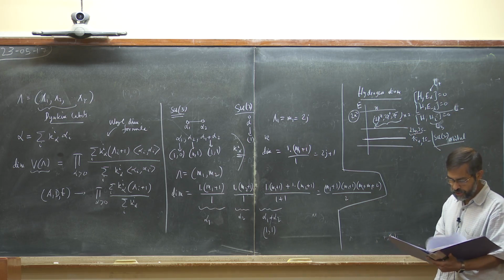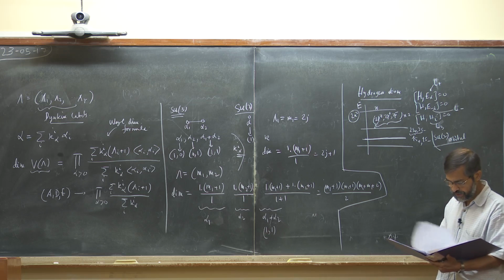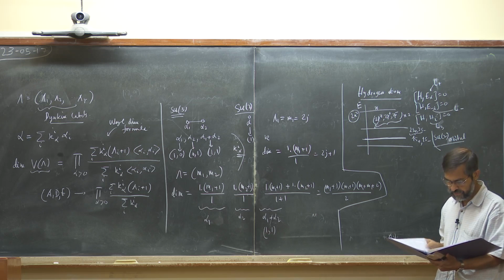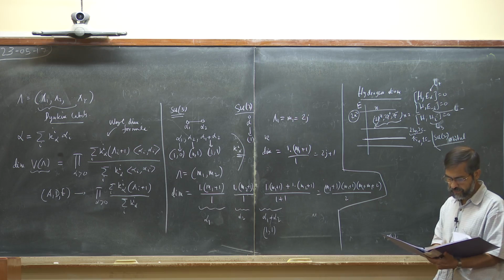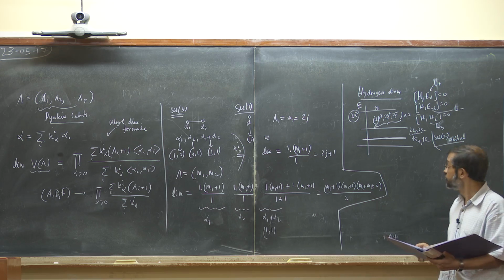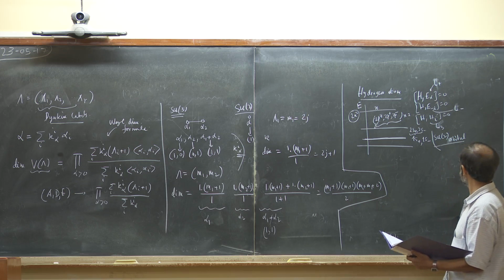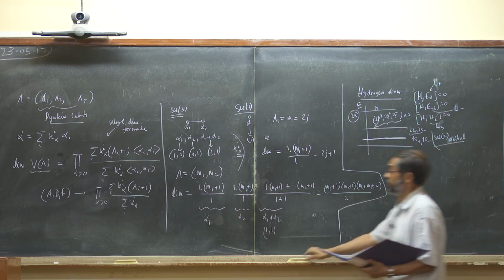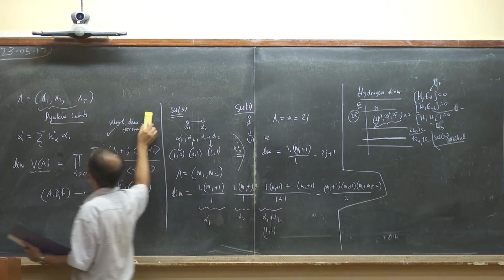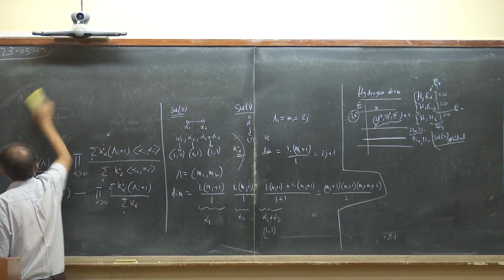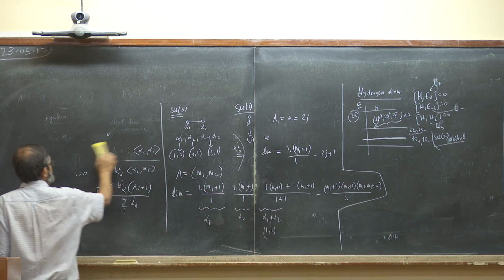Okay, good. So anyway, what I wanted to say is, what happens if you have a multi-electron system? Many of you already know what the story is. So let us say you have 2 electrons.